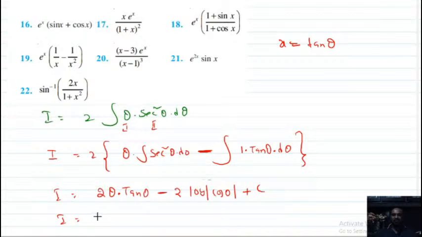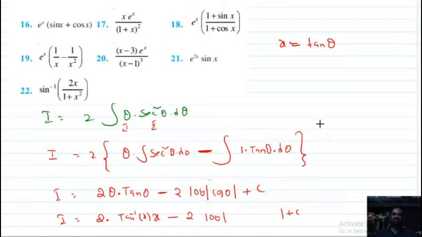That's why I equals 2 into, instead of theta, tan inverse of x, under the condition. I am repeatedly saying that the condition is given in the problem. Tan theta means x, so I can write minus 2 into logarithm of, plus c.